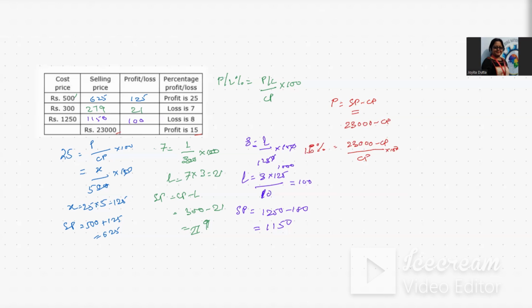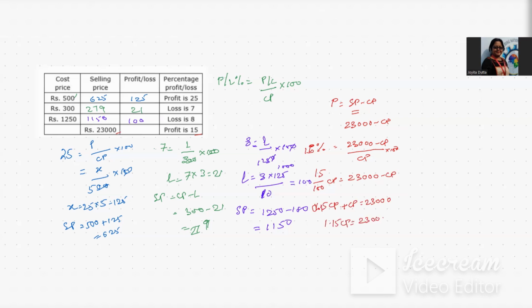So this I'll have it as 15. So now 15 by 100 CP is equal to 23000 minus CP. So this is what? Sorry, 0.15 CP, 0.15 CP plus CP is equal to 23000. Now 1.15 CP is equal to 23000.